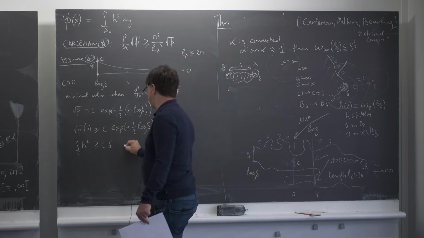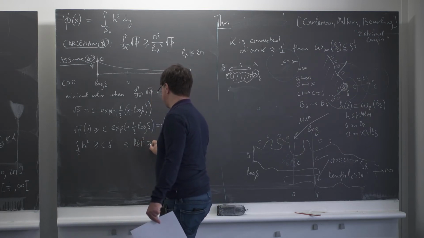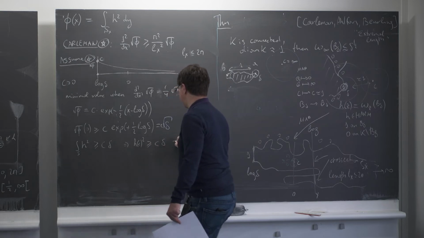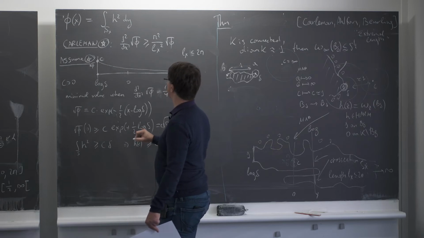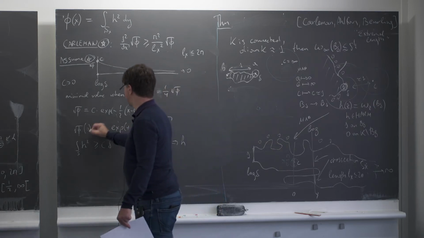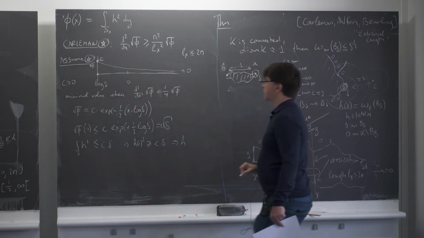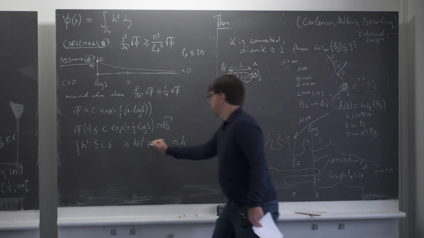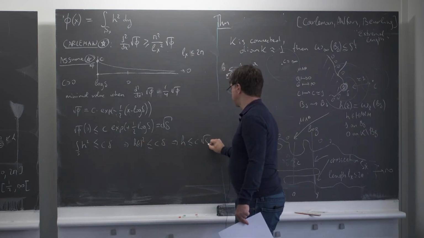So it means that h at the point in question squared is at most a constant times delta. So h is at most a constant times square root of delta.